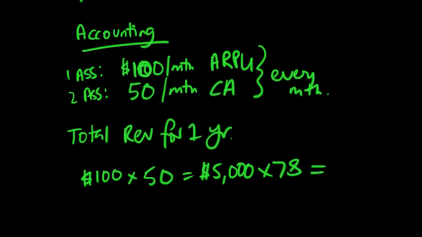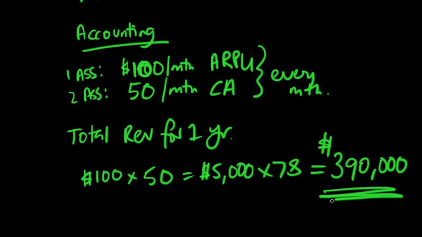And if we go to a calculator, that comes to $390,000 per year in revenue. So we've just worked out how we can earn $390,000 in revenue per year with those two assumptions.